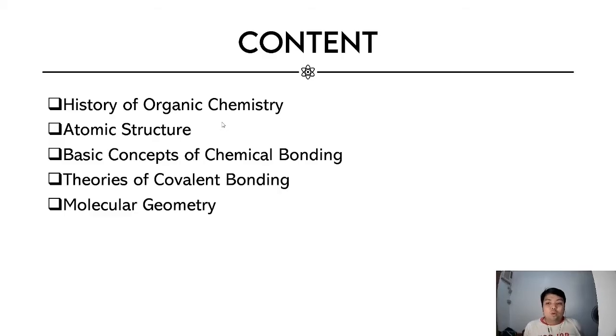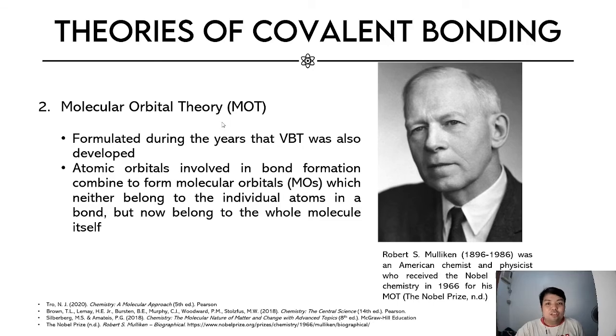In this video, we will discuss another theory on how covalent bonds are formed. That other bonding theory I am referring to is the molecular orbital theory, which was formulated by Robert Mulliken around the time that valence bond theory was also developed.